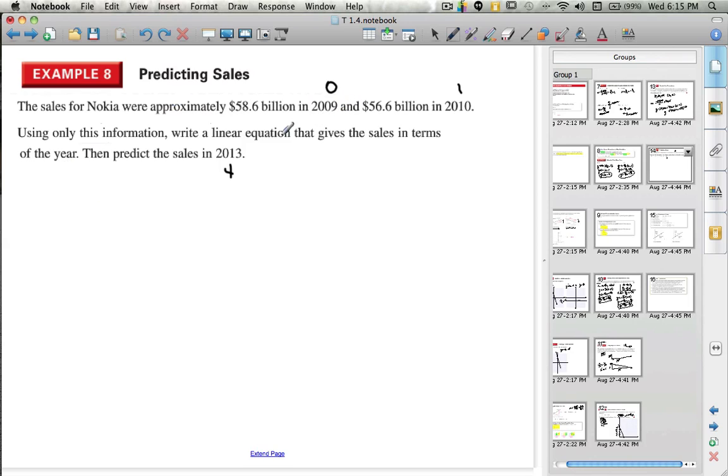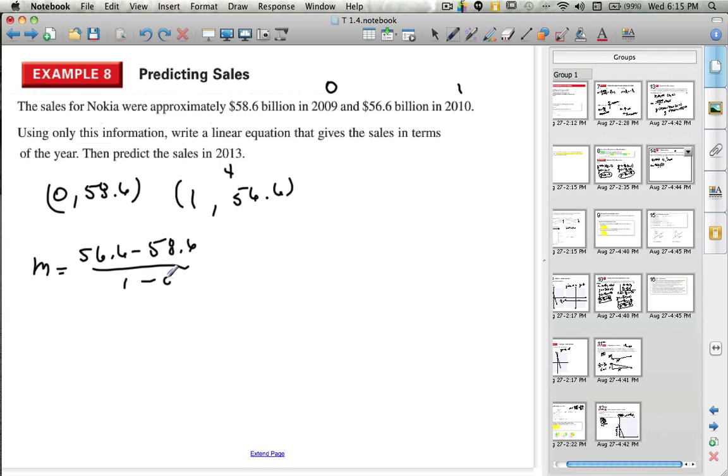So I've got a couple of points here. I've got 0, 58.6 billion, and I've got 1, 56.6 billion, and I can calculate slope. Then I'll pick a point and I'll write the equation. Okay, then we'll move along and do something else. So my slope will be 56.6 minus 58.6 over 1 minus 0.